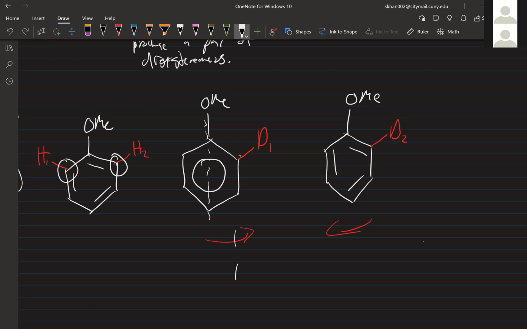So in this case, you couldn't even have a chiral center because it was attached directly to a benzene ring. So that's always a quick way to make sure you don't mess up whether it's homotopic or enantiotopic. So in this case, if they produce the same compound, are these homotopic, enantiotopic, or diastereotopic?